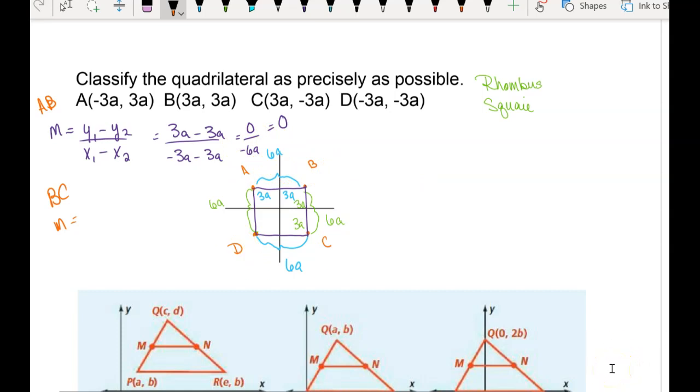Okay, so for BC, we're going to do rise over run. So 3a minus a negative 3a, so that's going to be a positive, over 3a minus 3a, so that gives me 6a over 0.